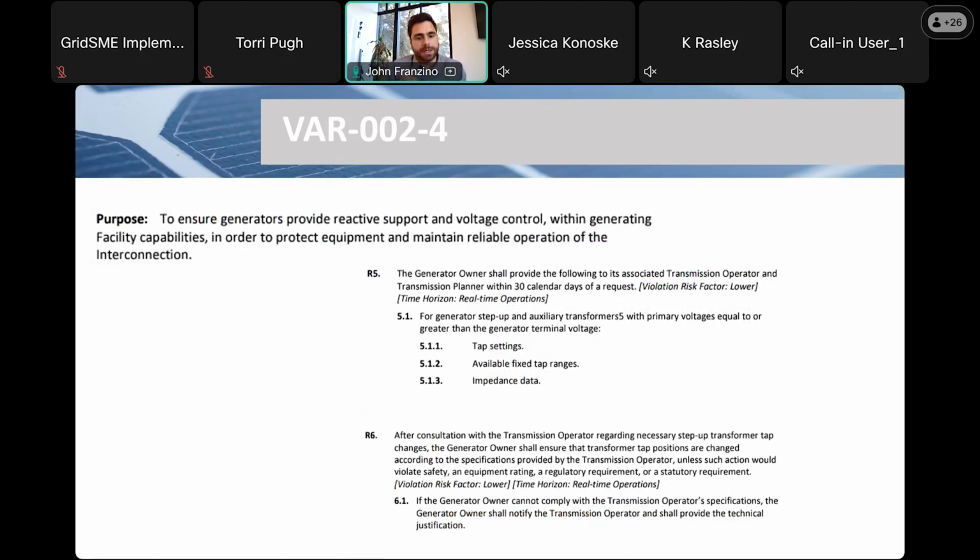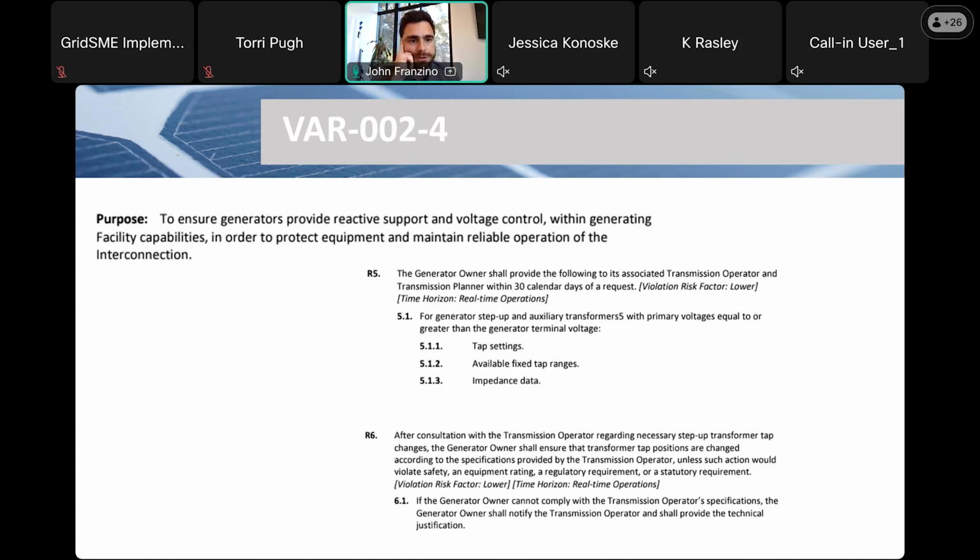Switching gears for a minute to VAR-002, which, if I had to guess, is one of the most, if not the most, violated GOP requirements, especially for IBRs. And we're talking in the generator owner realm now. We'll talk a little more in the GOP section. Sorry, my comment on the most violated was really for GOPs.